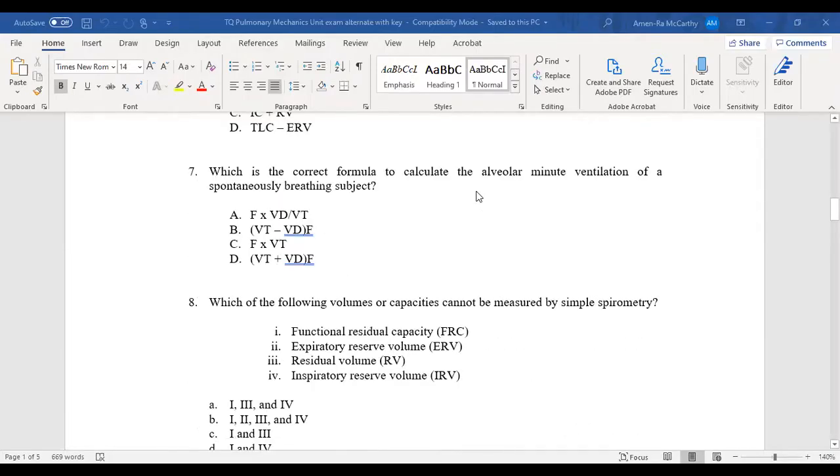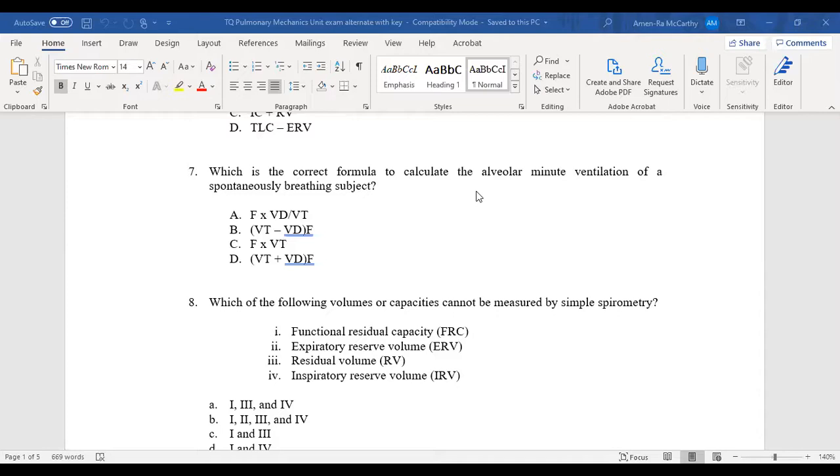Number 7, what is the correct formula to calculate alveolar minute ventilation of a spontaneously breathing subject? Which one of those formulas is right? Tabor, look at it again.